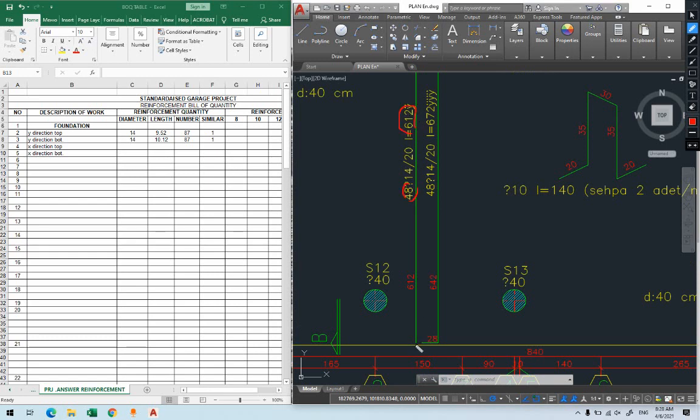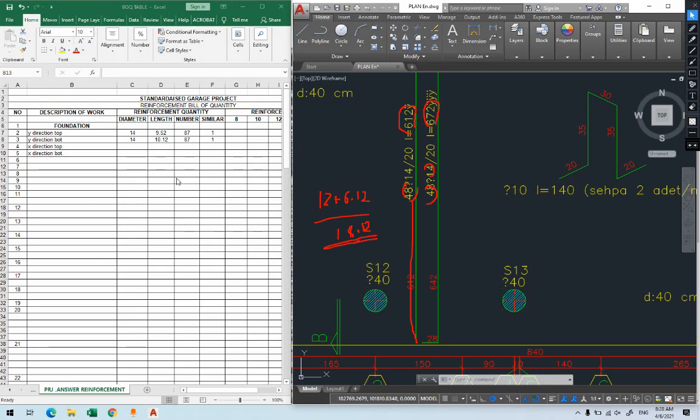So the total for the top, remember this for the top, 12 meter plus 6.12. So total we have 18.12 meter for the top. It's more than the length of the footing, yes, 17.5. Why? Because of the overlap that we had there. And for the bottom, you have 12 plus this one, 12 plus 6.72. This will be the length. You have the number, you have the size, that's it.